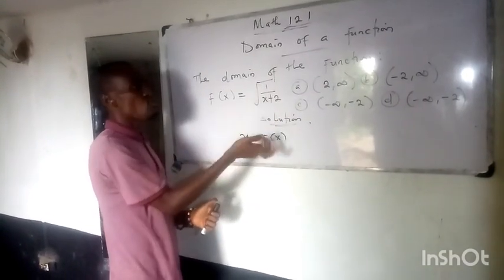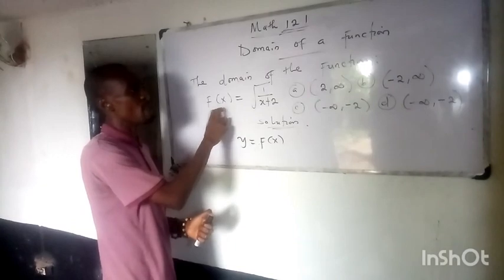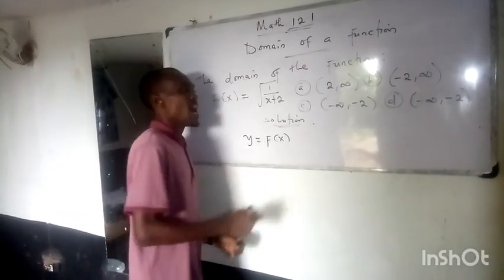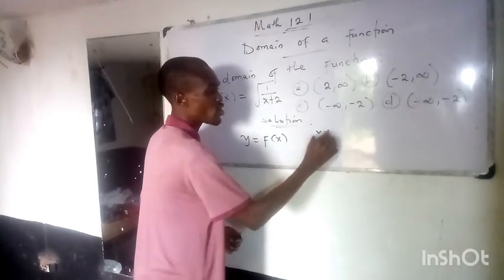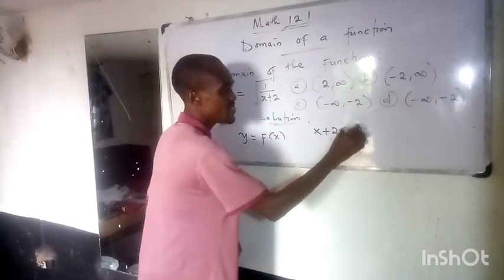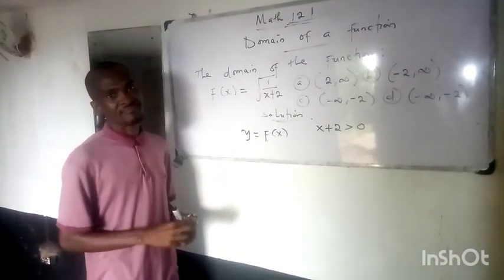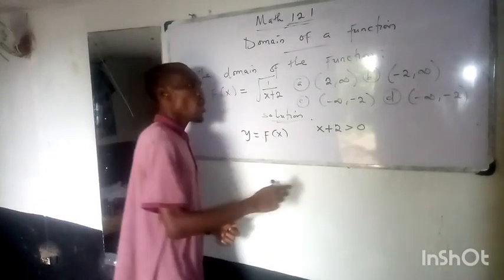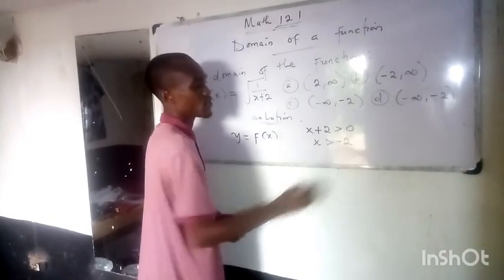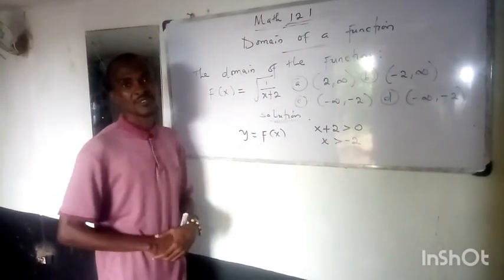So because of that, for the values of this function to actually be obtained, our denominator x plus 2 must be greater than 0. And if this is so, we know that x will definitely be greater than minus 2, from x plus 2 greater than 0.